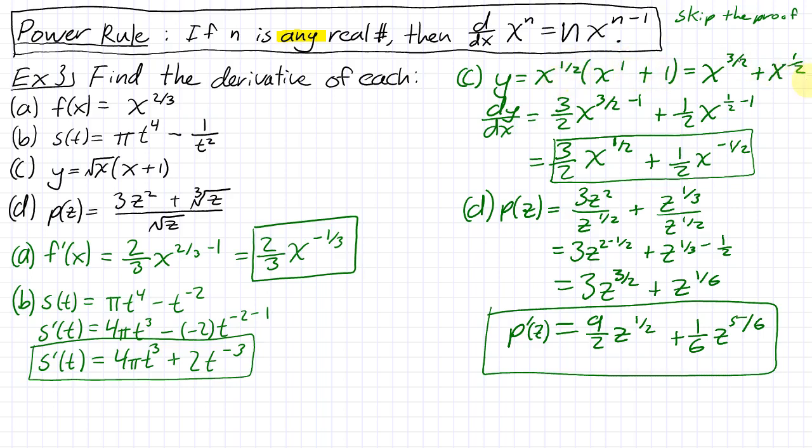Those are the exponents you can use now with the power rule, and that gives you the 3/2 in front, and then the exponent is 3/2 minus 1, which comes out to be 1/2 in the end. And the other one, the exponent is 1/2, it goes in front, times x to the power 1/2 minus 1, which comes out to be negative 1/2.